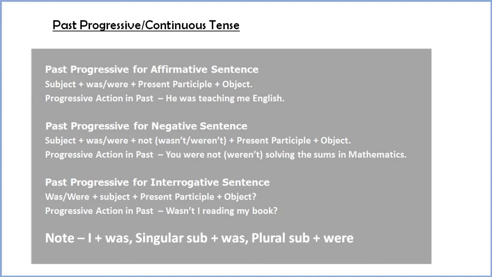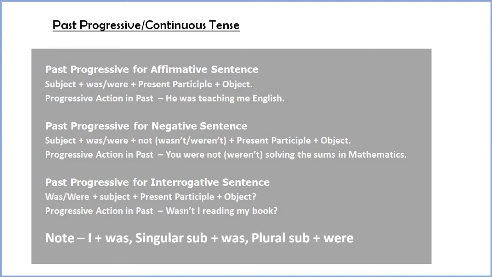For negative sentences, the rule is subject plus was or were plus not, or you can also use wasn't, weren't, plus present participle plus object. For example, you were not or you weren't solving the sums in mathematics.